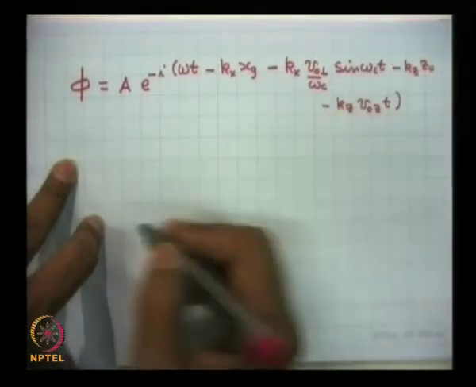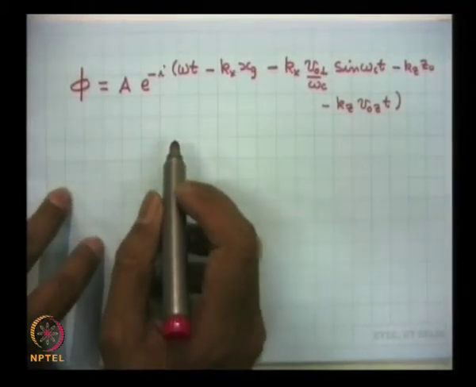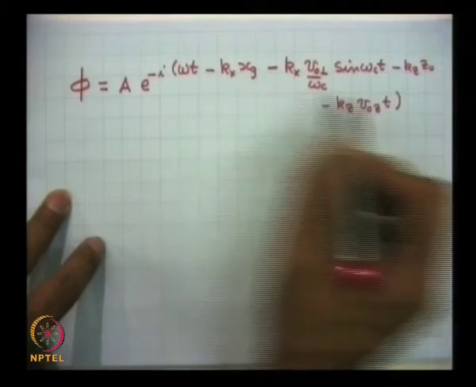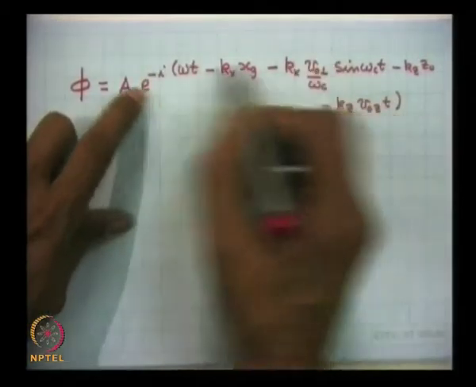These are all in the exponent. What you can do is combine this t term with this t term, but this is a term which is a little complicated.